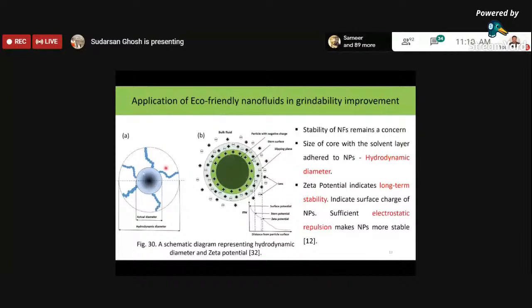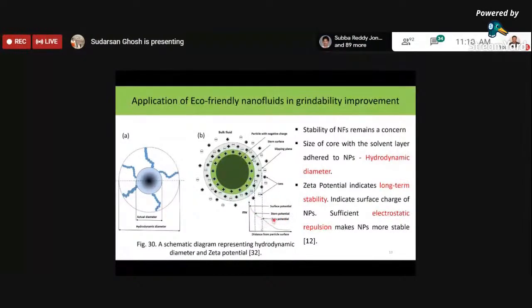So these are the nanoparticles, and the base fluid is around there. There is a charge between the nanoparticles and the base fluid, and this charge results in a potential difference. One such potential difference we call the zeta potential.